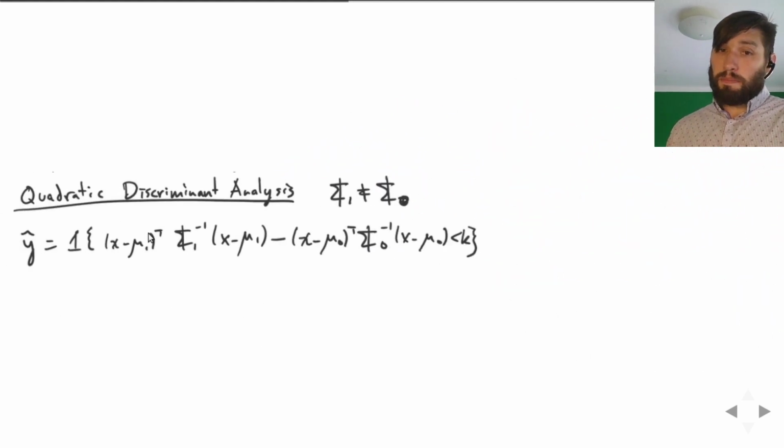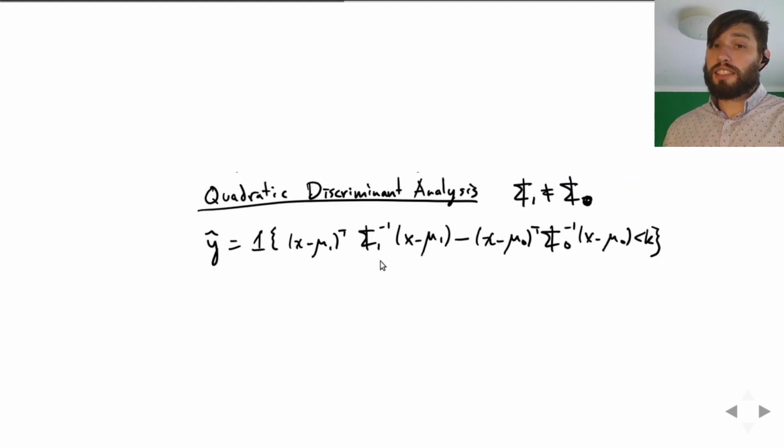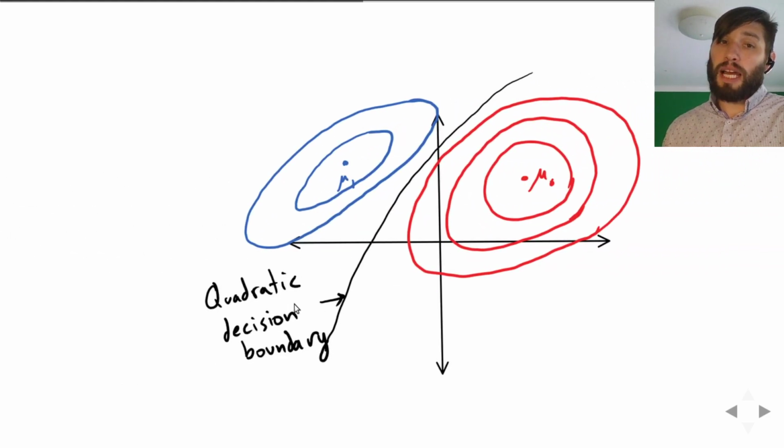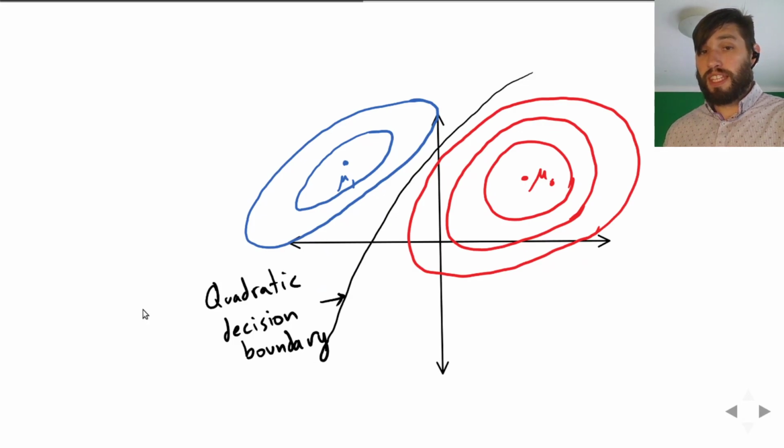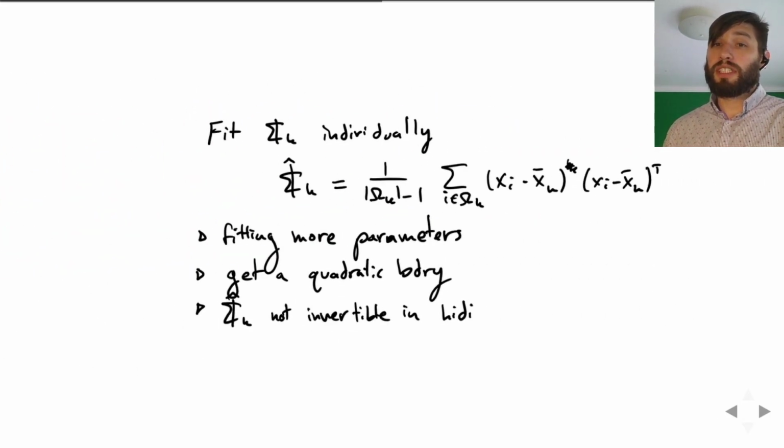Because these are two quadratics, it turns out that the boundary that results is quadratic as well. So this is the image that should be in your mind: you have these ellipsoids of various sizes, another ellipsoid, and they're different shapes, and then the classification boundary is a quadratic. That's why we call it quadratic discriminant analysis.